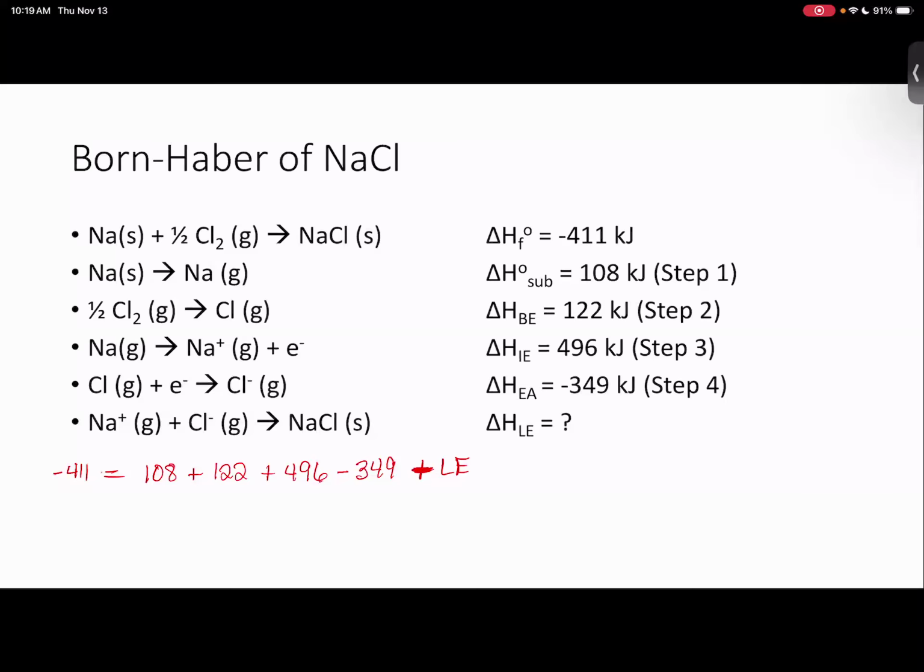And what we find out is that the lattice energy for this process is a negative 788 kilojoules.